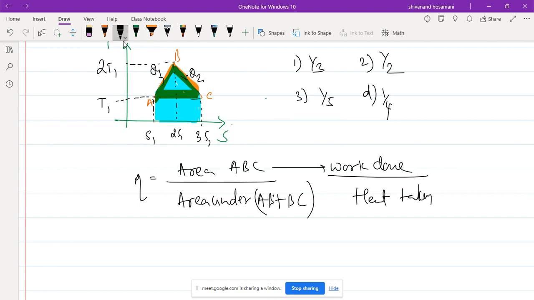Can you calculate the area of ABC first? The area of triangle ABC is half base into height.